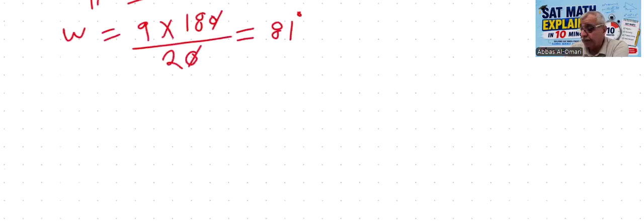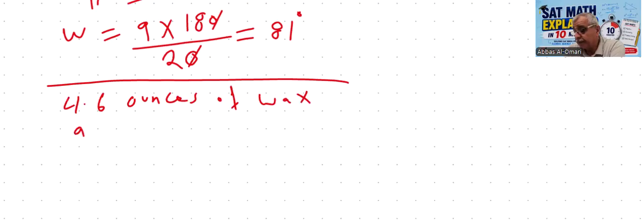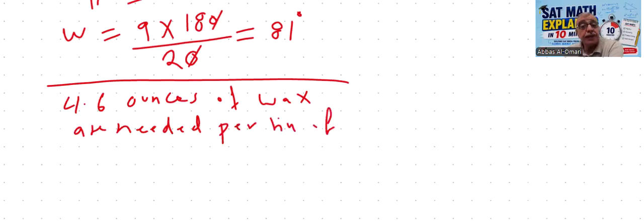Next question. Now, we know that 4.6 ounces of wax are needed per tin of wax.